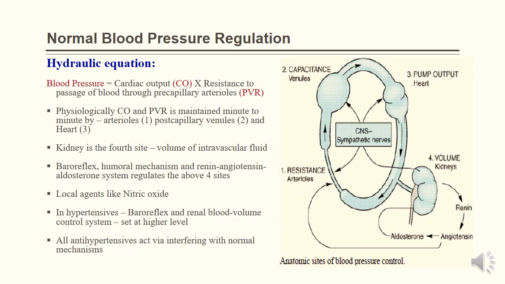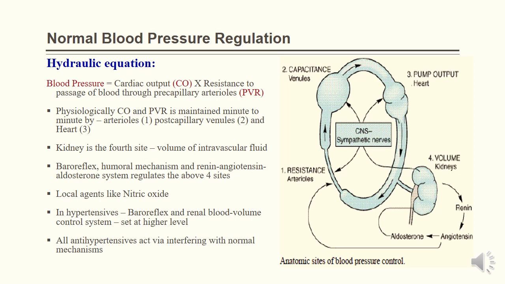Move on to blood pressure regulation, and this regulation is based on the hydraulic equation. In the first point we can see blood pressure is determined by cardiac output, denoted as CO, and total peripheral vascular resistance, PVR.